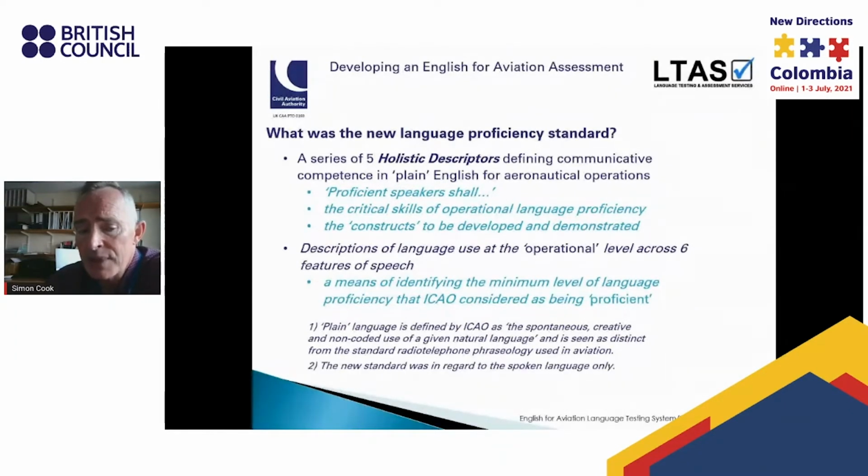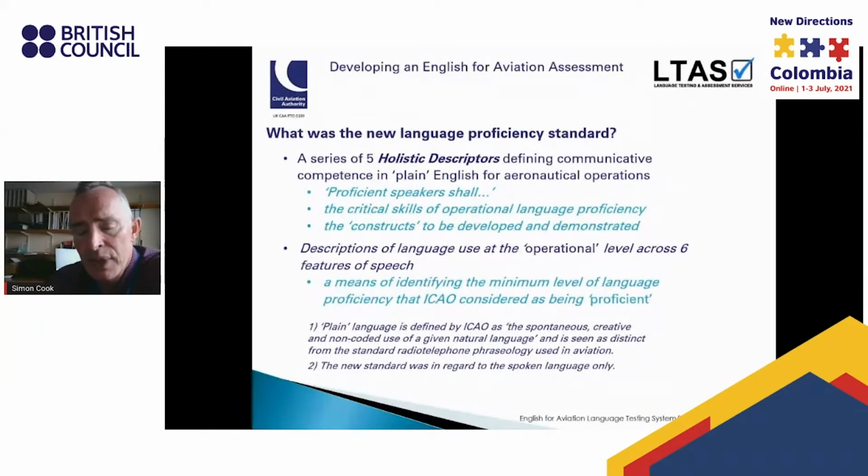And the second one was that the new standard was in relation to the spoken language only. Although there are plans that data should be passed between controllers and pilots using the written word, at the moment the spoken word is predominant. And even if the written word were to be introduced, the spoken word would still be required as the backup. So ICAO defined what it considered to be the constructs of proficient communication.